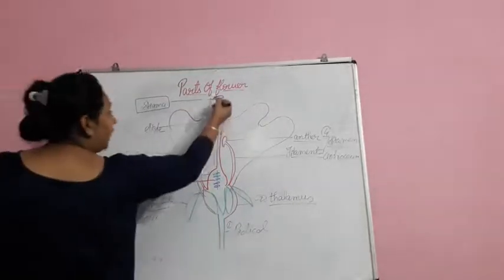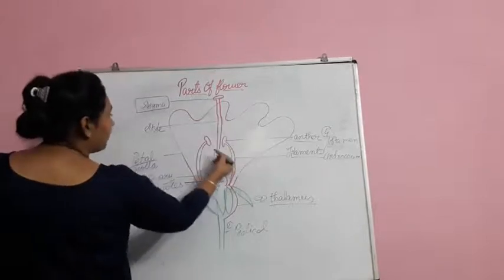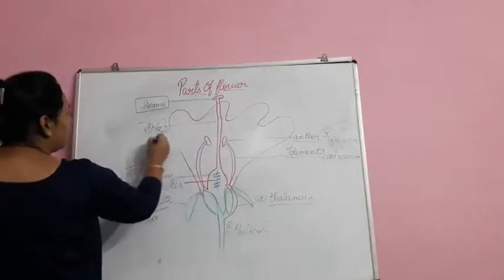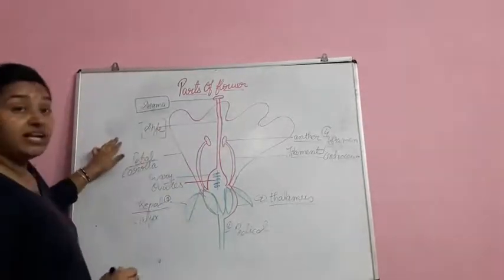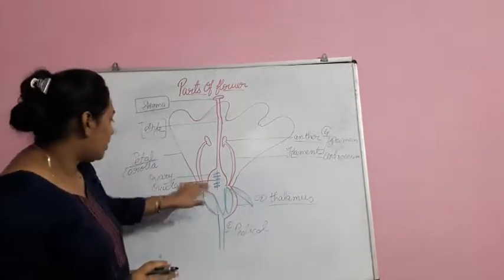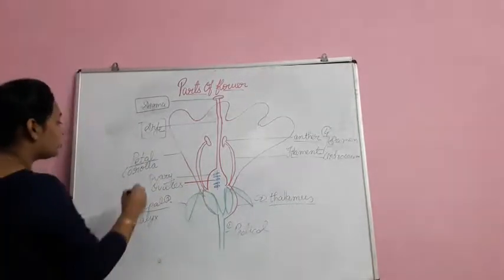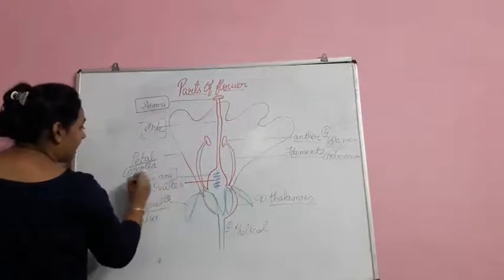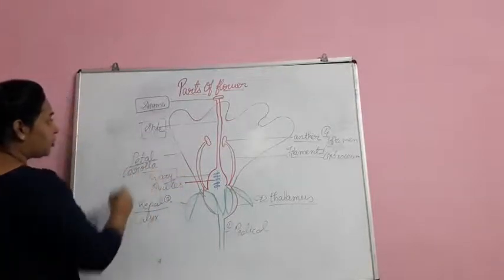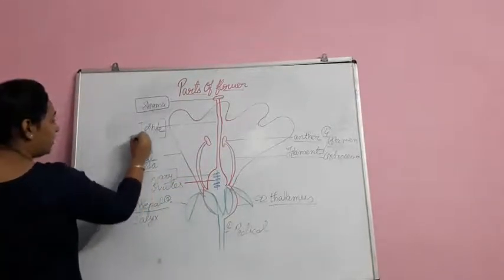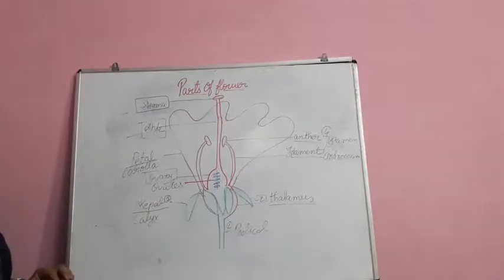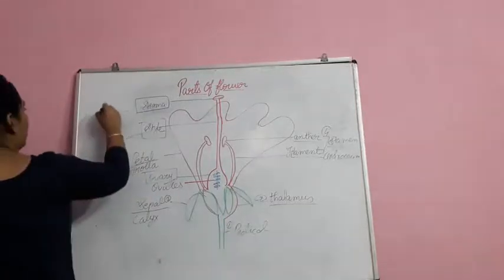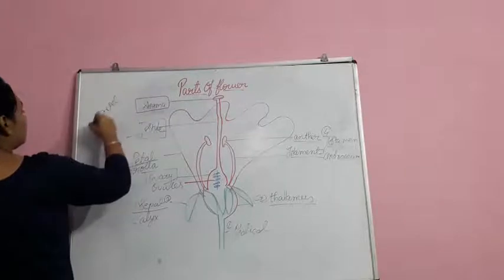Now this is added with the elongated portion which is called a style, and this style gets continued till the ovary section. So all these three things which I have made in a square are together called a female reproductive part. Either you can call them a carpel or gynoecium.